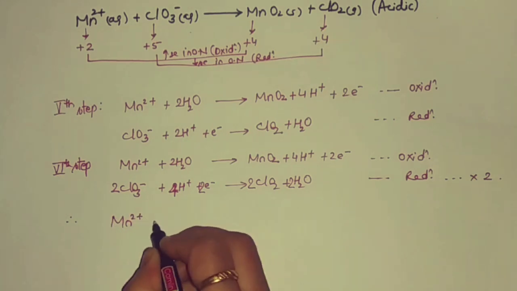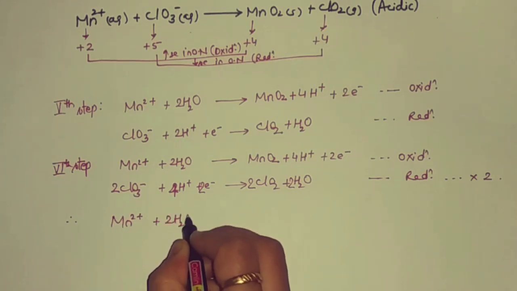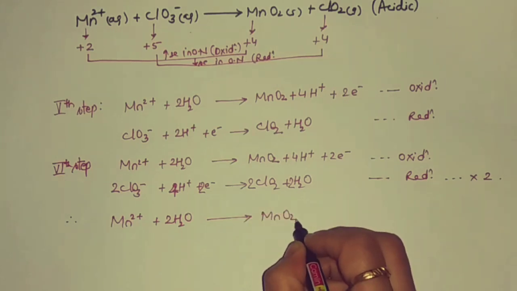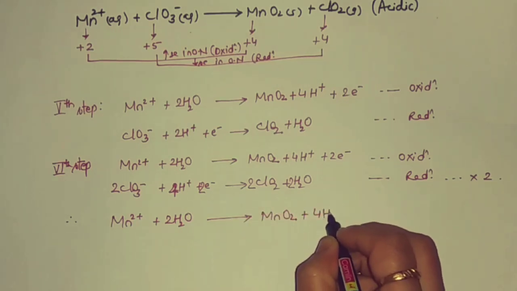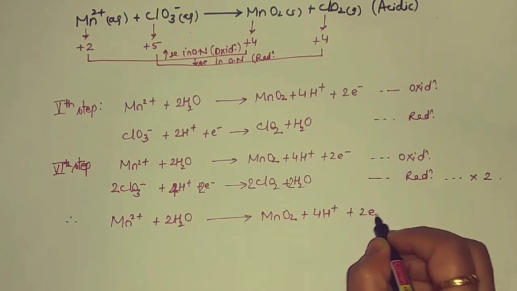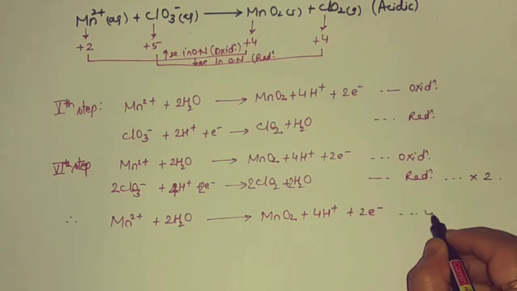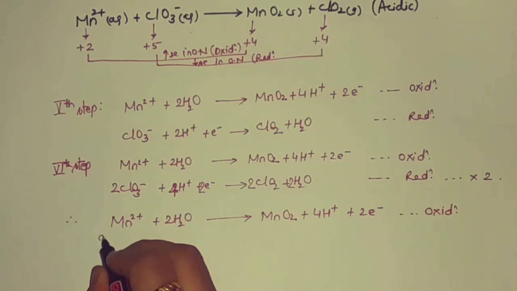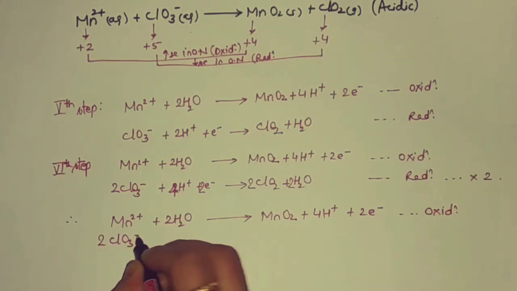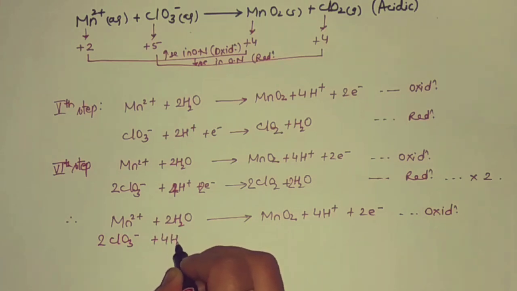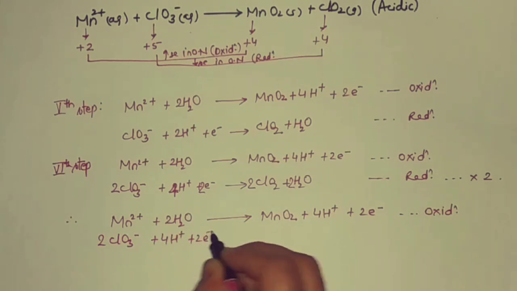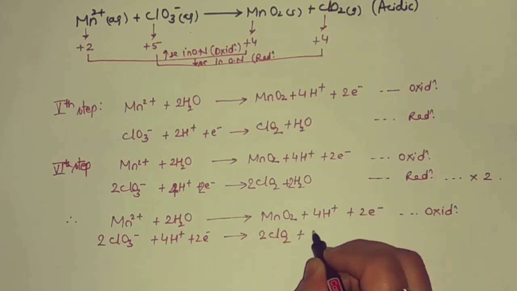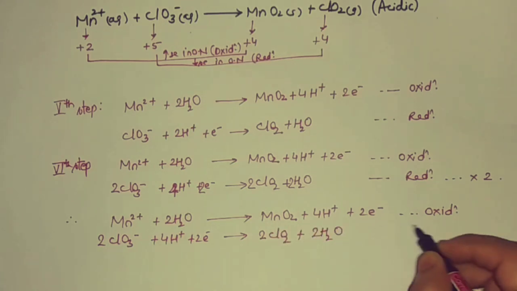Mn2+ plus 2H2O gives you MnO2 plus 4H+ plus 2 electrons. That is oxidation. And 2 ClO3- plus 4H+ plus 2 electrons will give you 2 ClO2 plus 2 H2O.